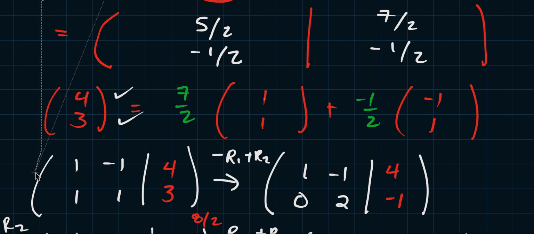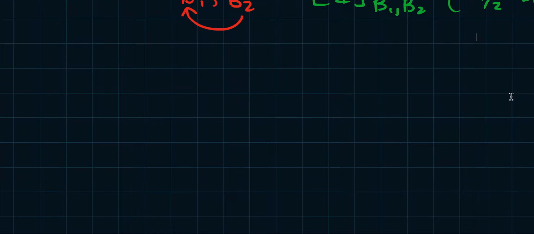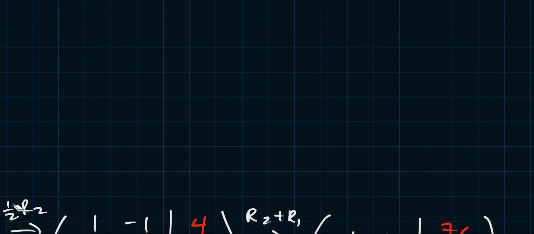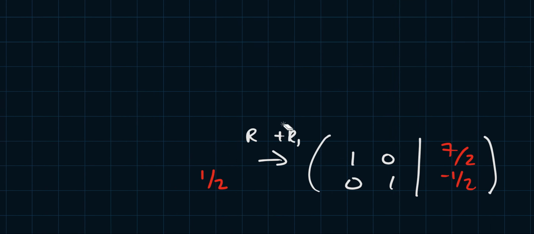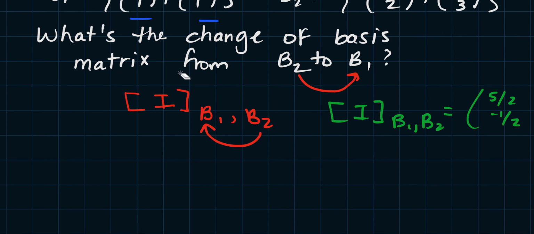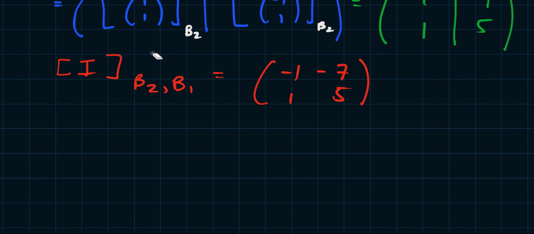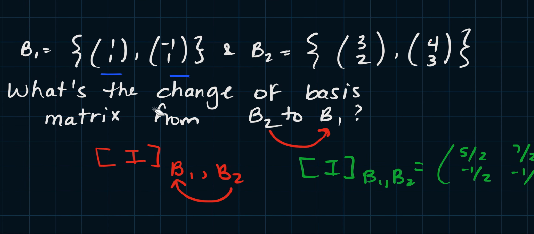Now, I told you there was a second option, and there is. Everything we did was right, and it's actually good that we did that because we really understand how to find this matrix. But remember what I said. I said that the inverse of this matrix is equal to this matrix.